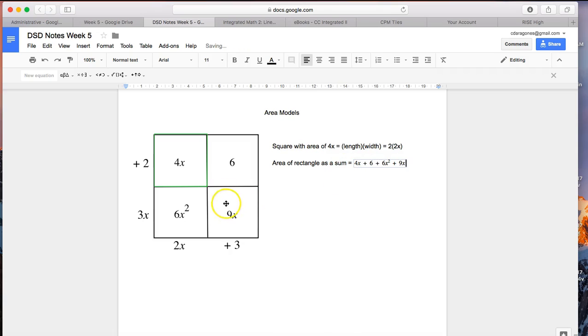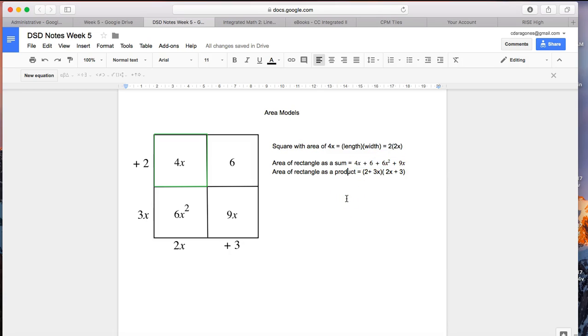We can actually also write the area as a product, where we broke up our big square into 4 different squares. The length of these 2 squares combined is 2 plus 3x, and the width is 2x plus 3, and the area is length times width, which is 2 plus 3x times 2x plus 3, which is equal to this area as the sum.